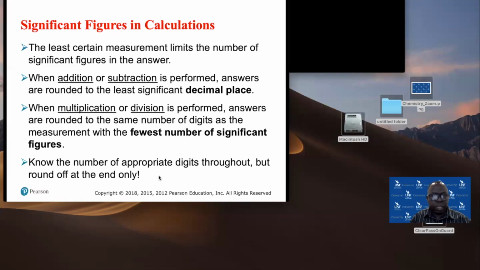For multiplication, it is the significant figures. Yes, somebody is ahead of the slide.